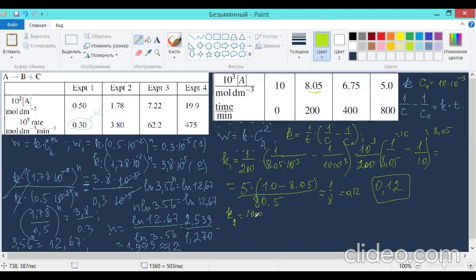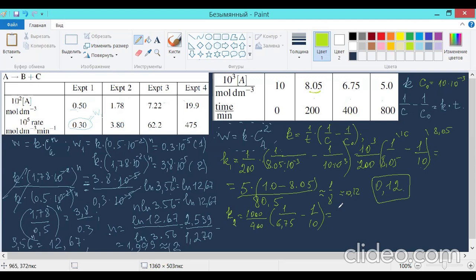So 1,000 over 400, times, in the brackets, 1 over 10 minus 1 over 10.